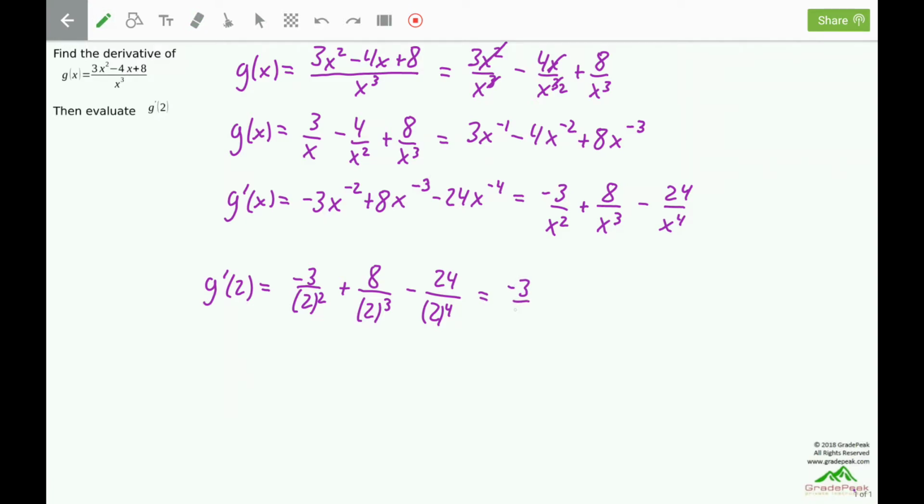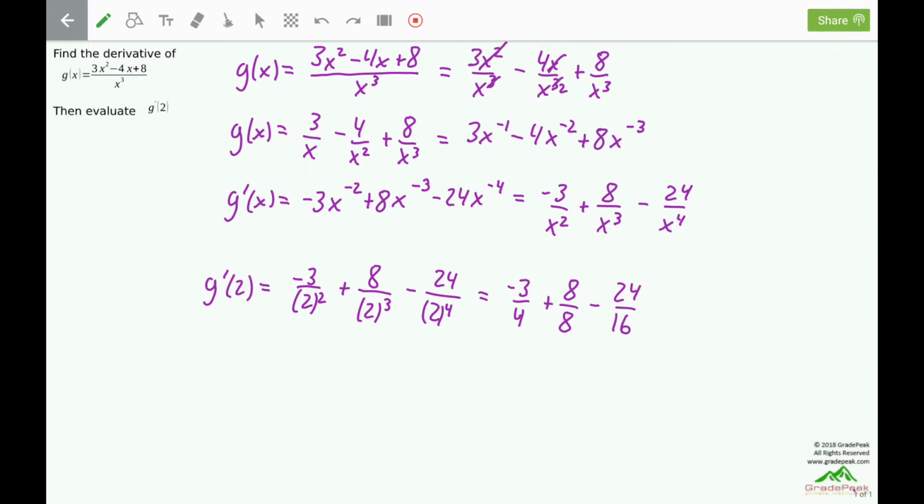That will give us a negative 3 over 2 squared, which is a 4, plus 8 over 2 times 2, 4, times 1 more 2 is an 8, and then minus a 24 over 2 times 2 is 4, times another 2 is an 8, times 1 more 2 is a 16, so 2 to the 4th is a 16.